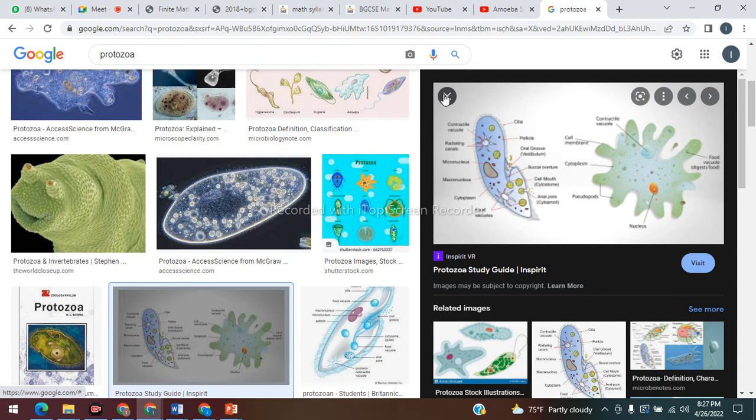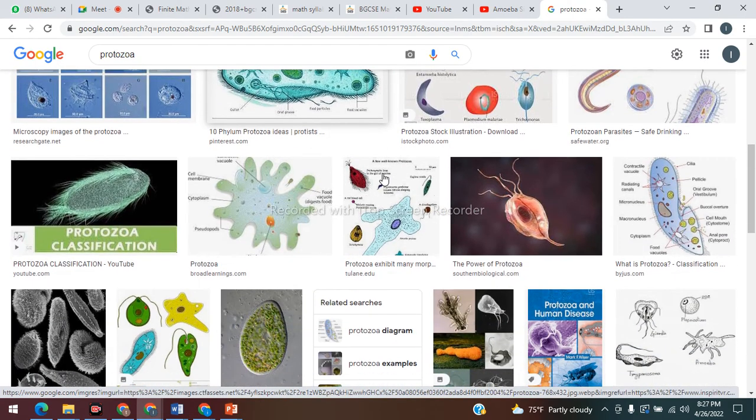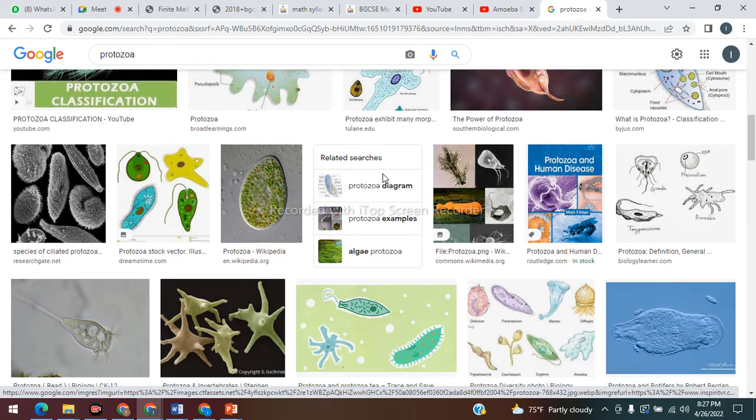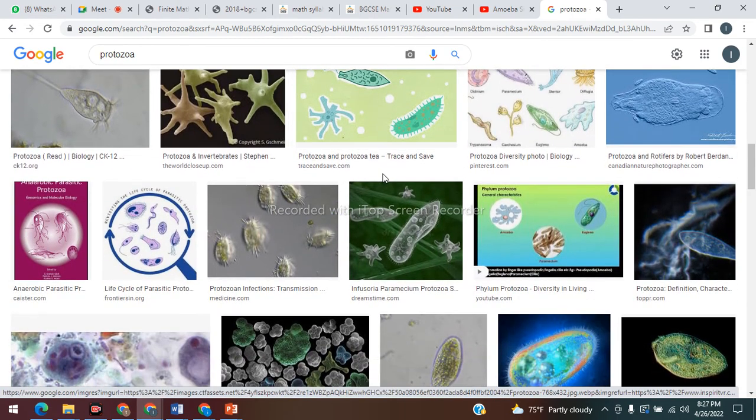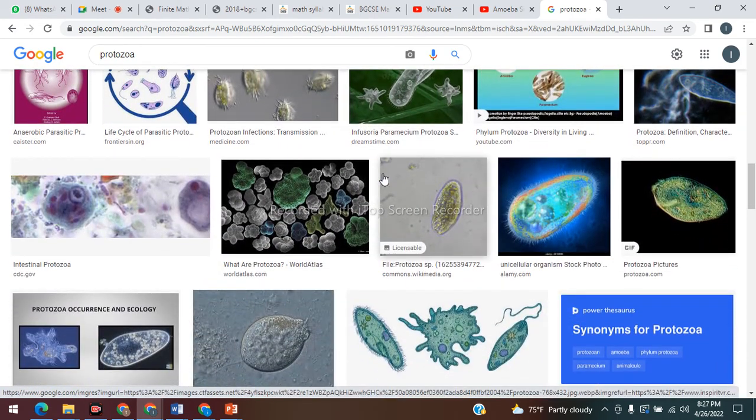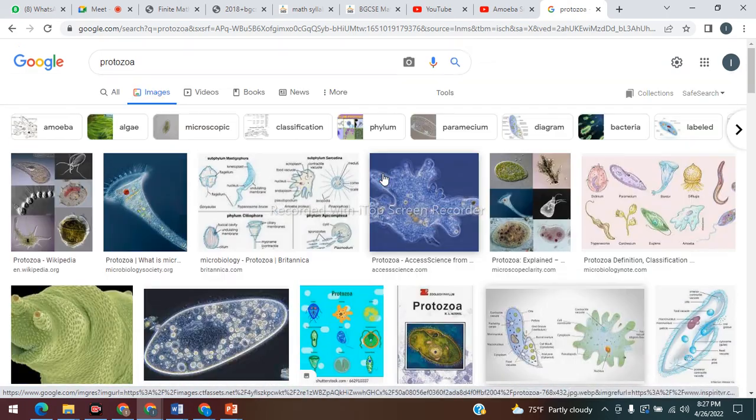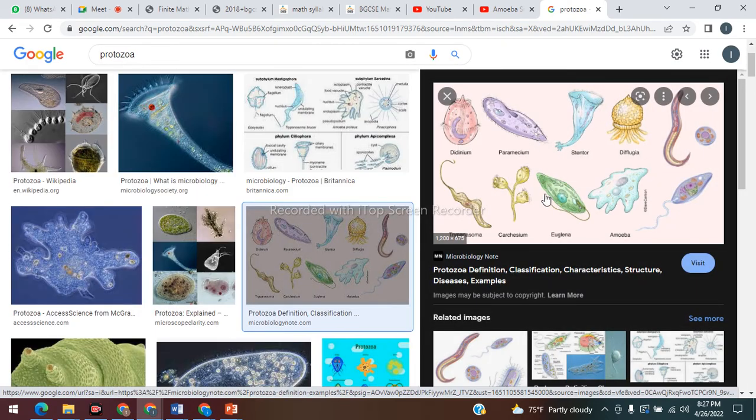So protozoa are single cell. Make sure you understand that protozoa is a single cell animal. So these are animal cells. These are not, as you can see, plant cells. Why? They're all organisms.